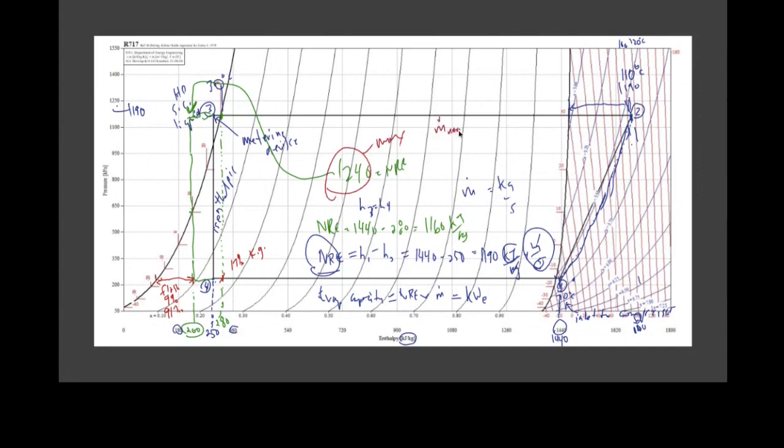that means that my mass flow of refrigerant is going to be a minimum for every kilowatt absorbed in the evaporator. Again, that's not kilowatts electric, that's kilowatts of the evaporator.